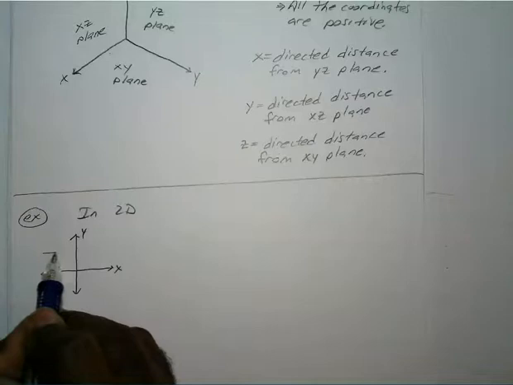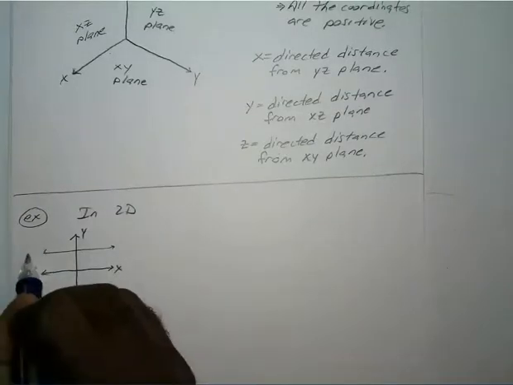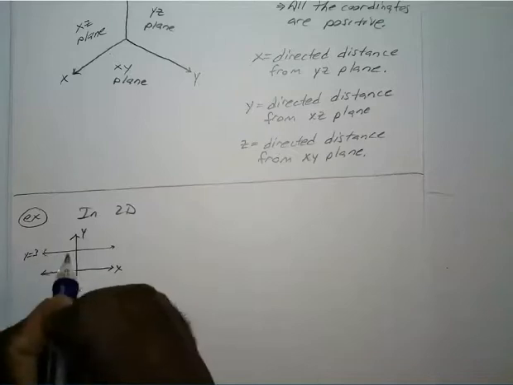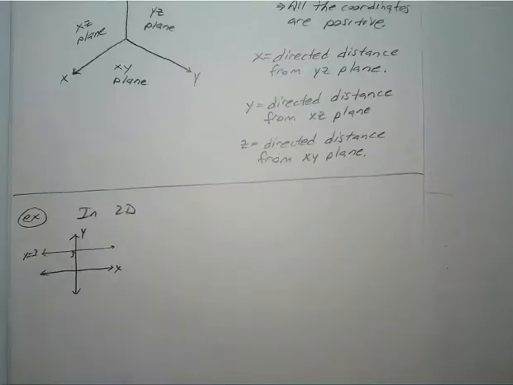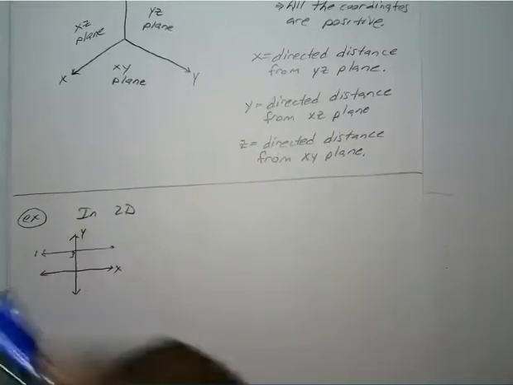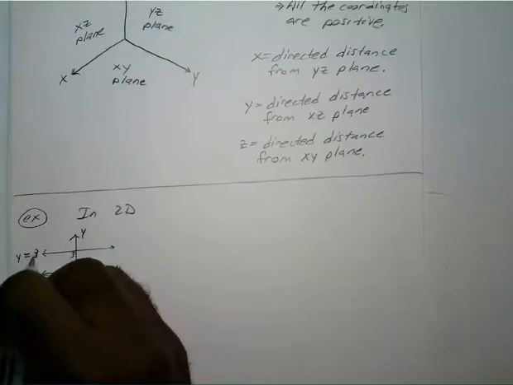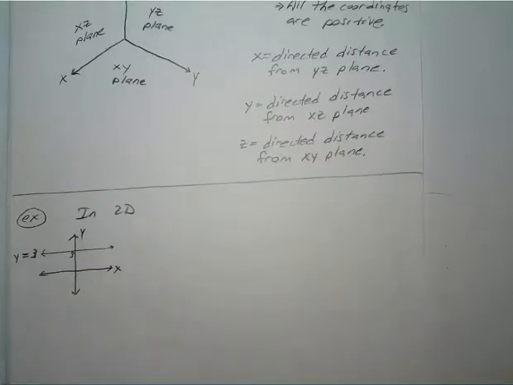Now Y equals 3 is just a horizontal line through 3. So this is Y equals 3, if this is your 3 right there. Let me clear that up, that's a little bit too close. Okay, Y equals 3, there we go. A little more space.